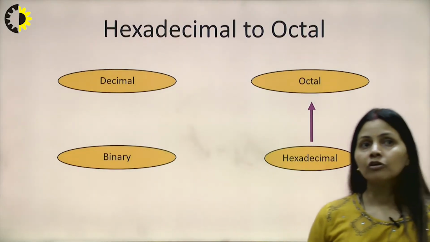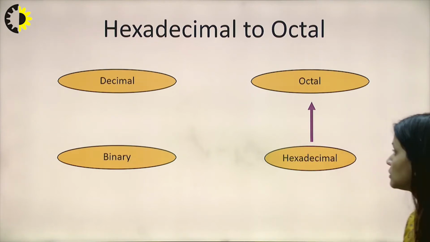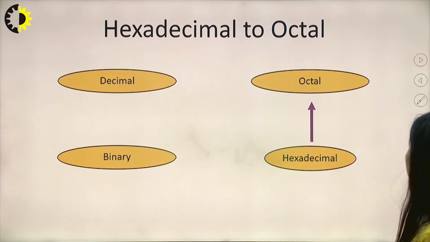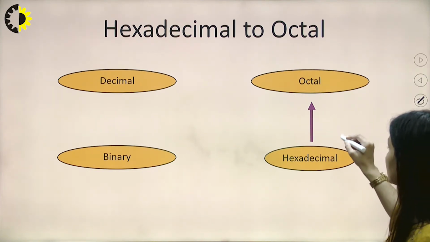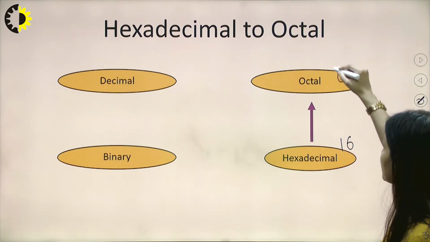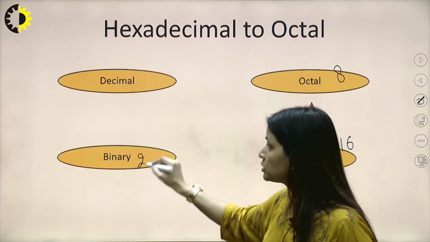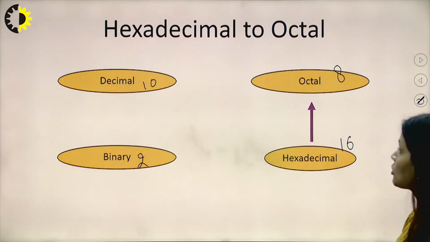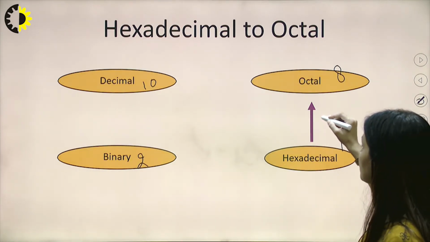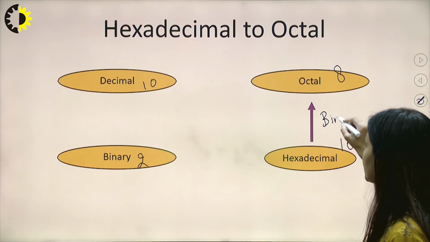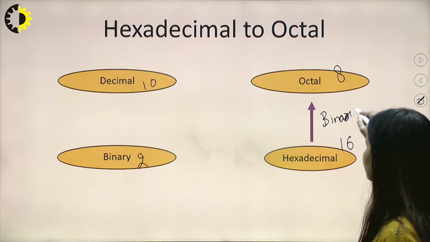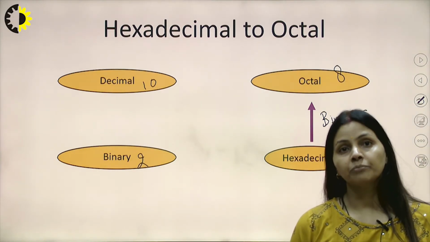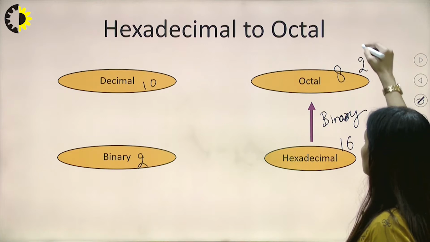Now, the conversion from hexadecimal to octal. Hexadecimal has base 16, octal has base 8, binary has base 2, and decimal has base 10. From hexadecimal to octal, we take the mid path: we convert the hex code to binary, and then make groups of 3 bits, because 8 is equal to 2 raised to the power 3.